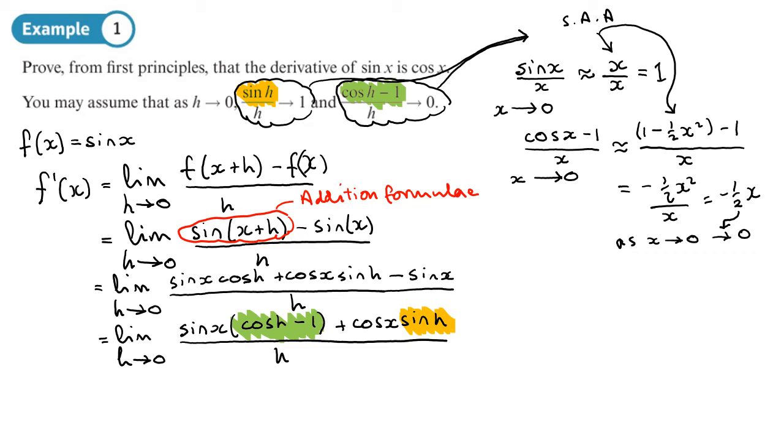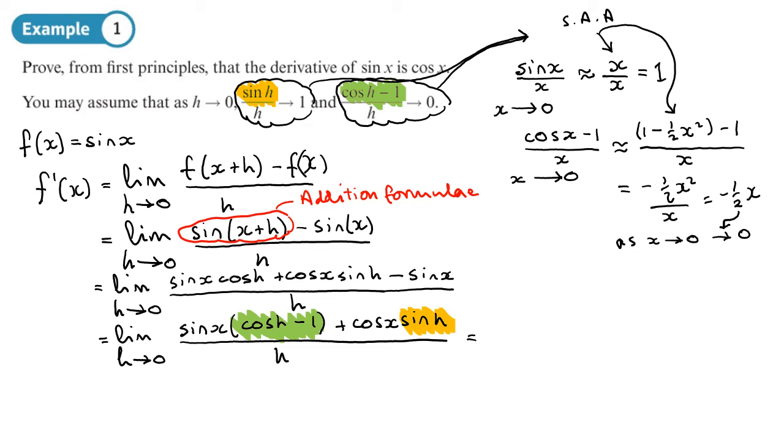Now everything here is over the same denominator, so actually what you could do is you could say, right, you've basically got sine x times cos h minus 1 all over h, plus the second bit all over h. Let's actually write that down.